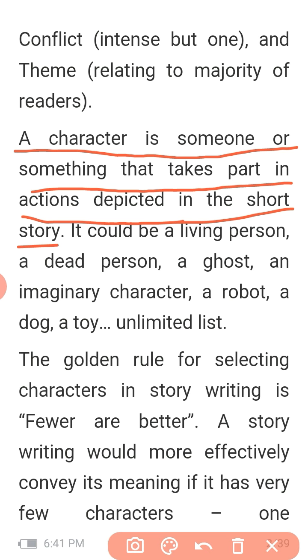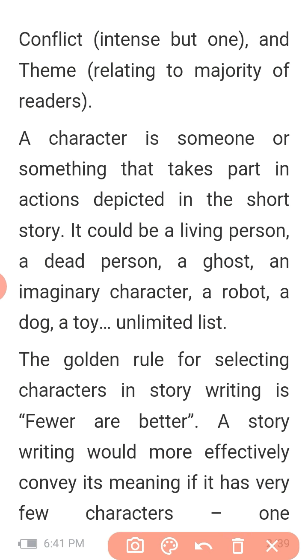What do you understand by this? A character is someone or something. Why something? Because a character is not always real. ठीक है, that takes part in actions. Who takes part in action? The character. कौन action करेगा, कौन dialogue बोलेगा, main story को आगे कौन बढ़ाएगा. So only characters can do this, right? That is the reason characters are quite important.